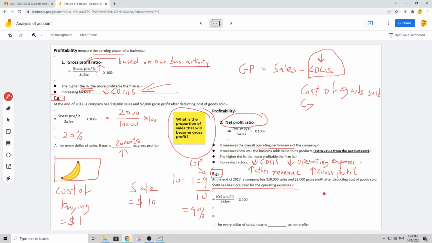So how much have you got for the net profit in this question? Anybody? Hello? Oh, Owen, yeah. Exactly. It's 15%.